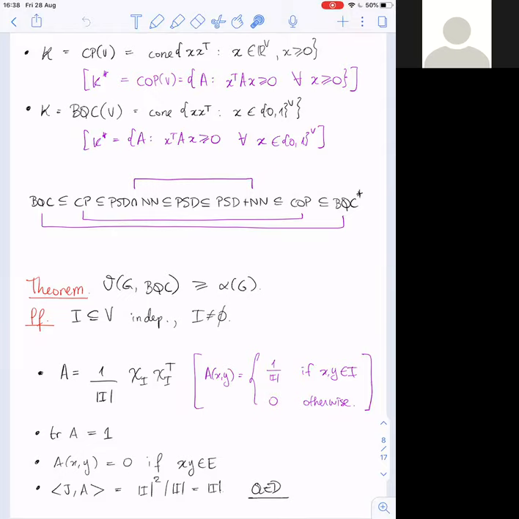So if you check now, the trace of this matrix is 1, and if you have an edge xy, then x and y cannot both be in the independent set, so A of xy is going to be 0.